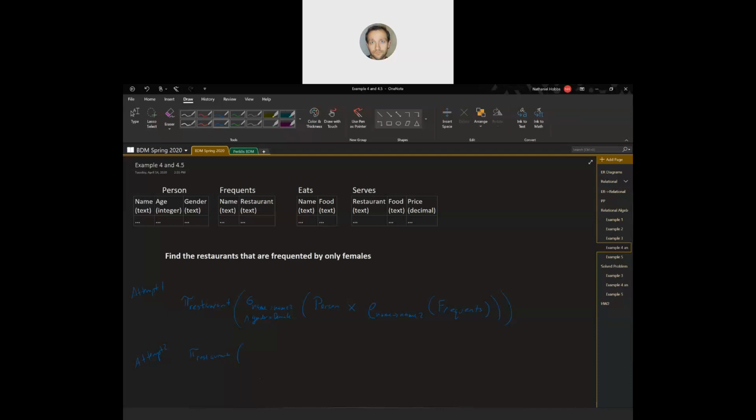Yeah, so I'm seeing of these answers, they all look the same, except for there's some choices of swapping person and frequency here. It doesn't make a difference, so I'll just say that they're the same.